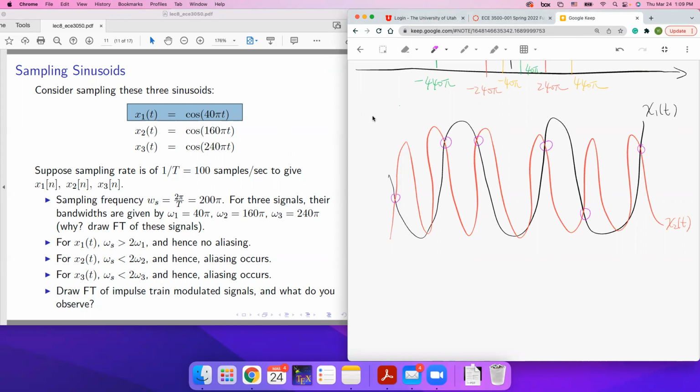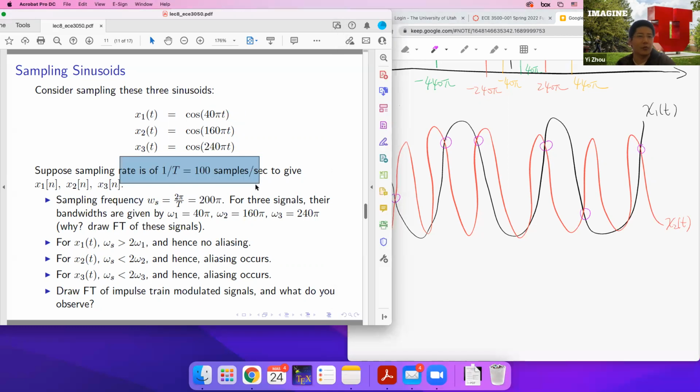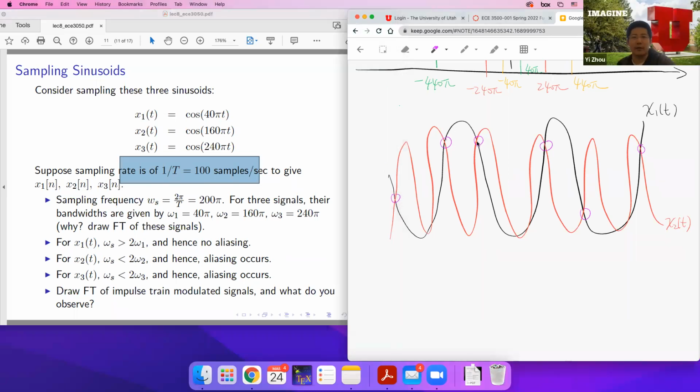A quick question. Yes. What did the intersections represent again? The intersections represent the samples you queried at this sampling rate. So for example, if you look at the black line, this is x1(t), and if you sample this signal at 100 samples per second, you will pick out these purple points.